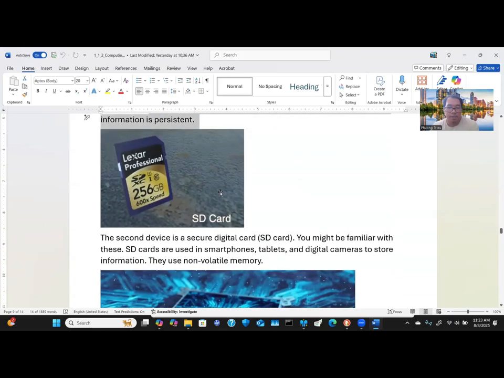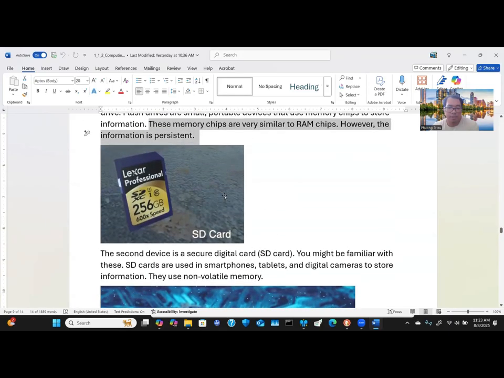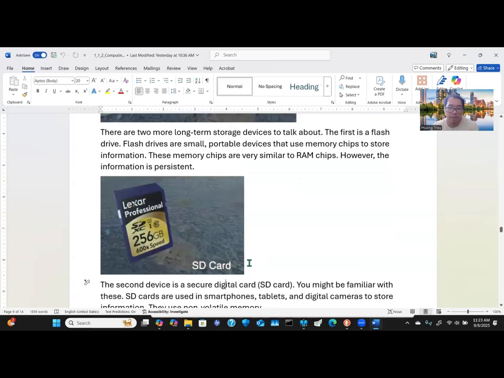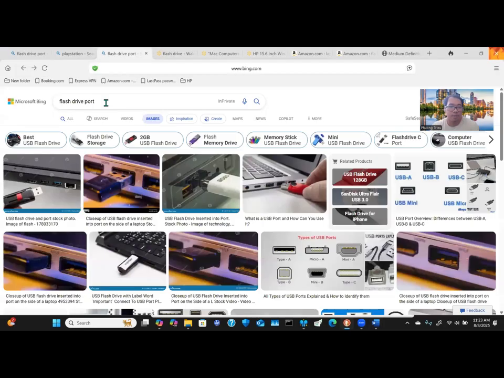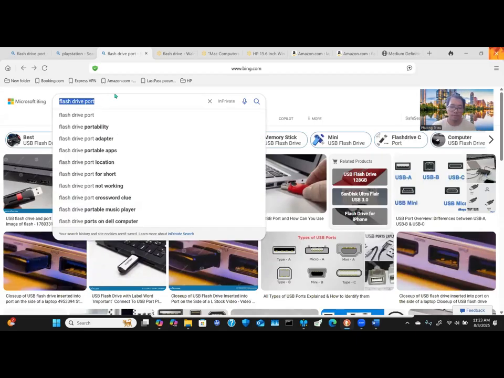The second device is a secure digital card, or you can say SD card. And you might be familiar with these. SD cards are used in smartphones, tablets, and digital cameras to store information. They use non-volatile memory. So most of the time, an SD card can be used to extend the storage size on your digital device too.